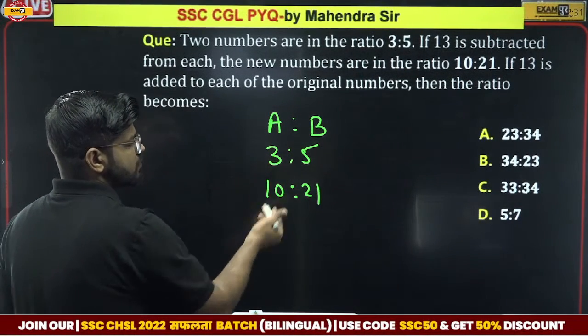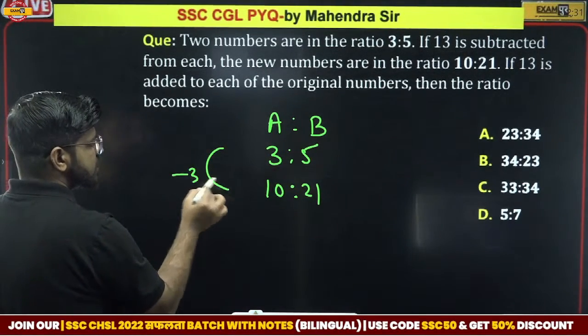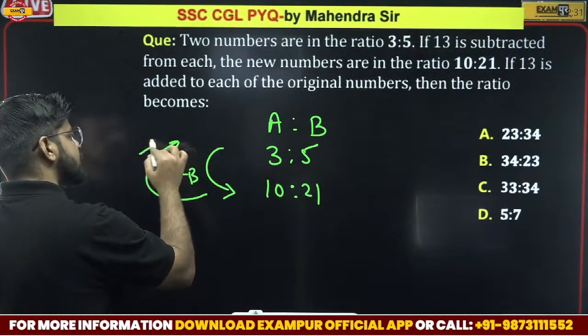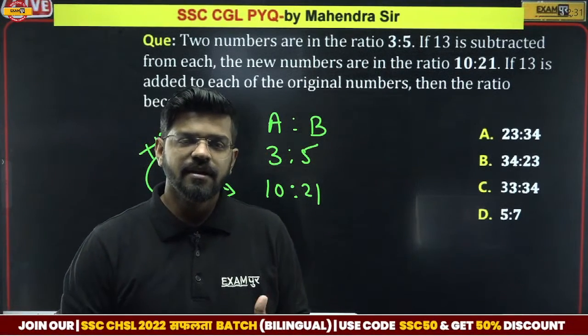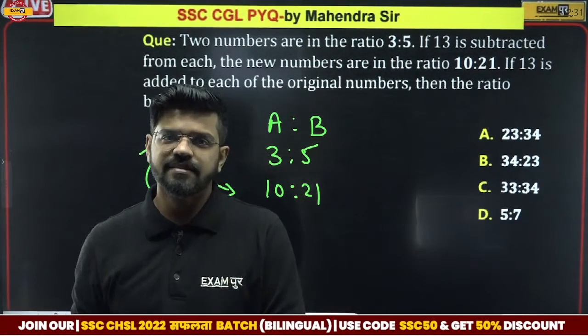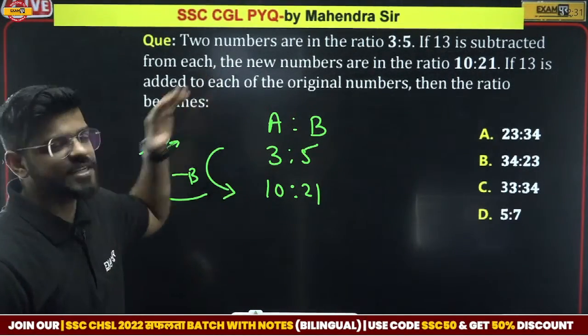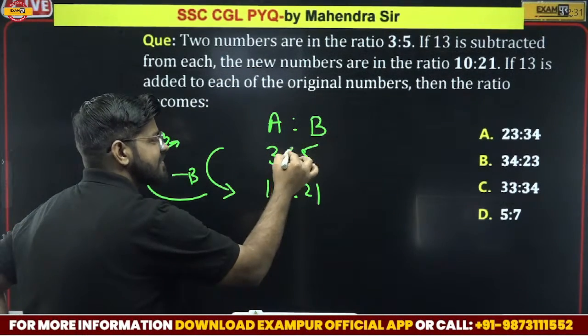So you know that after subtracting 13 from this, you will get this, and after adding 13 you will get this. So there is a real trend. If you do this you will get this, if you do this you will get this. It is a real trending question.